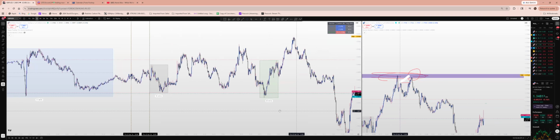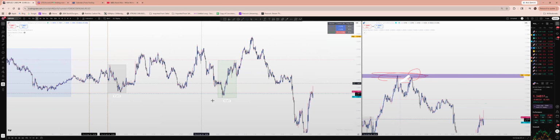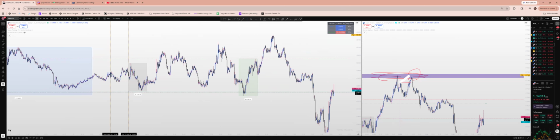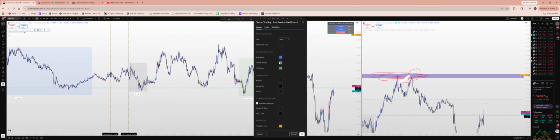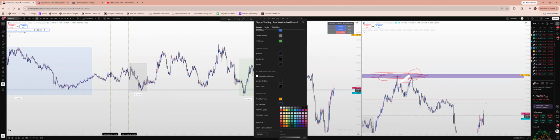Then what can we see here? This is this thin line that you could barely see here, which I could make a thicker line here. New York zone, London zone, New York trap line right here. I can make it like this, and now you can see it.